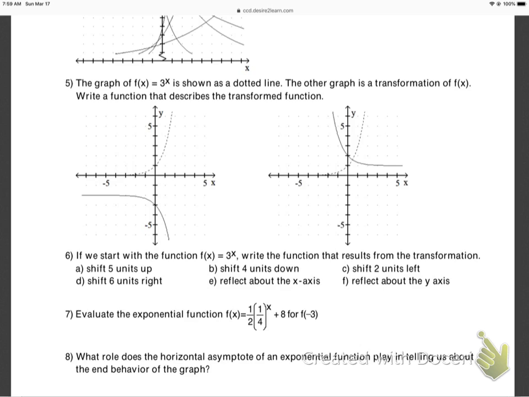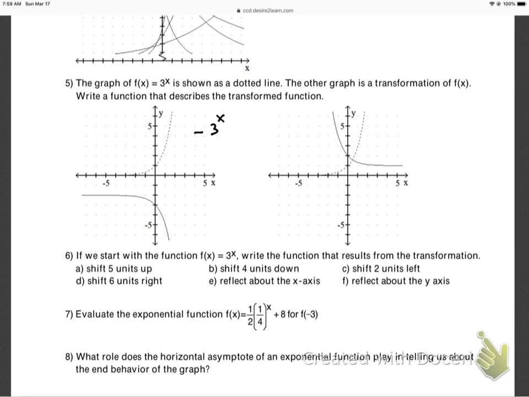Let's have a look. Write a function that describes the transformations. Okay, if this originally was 3 to the x, well, it looks like it's been flipped. The graph shows a dotted line. The dotted line is the original, of course it is. If I flip it over the x-axis, because now it's upside down, it's got a minus in front. Now remember, if I flip it over the x-axis, now watch this.